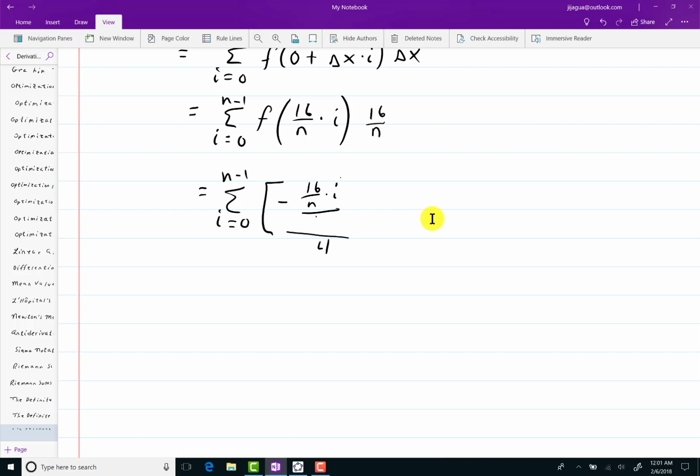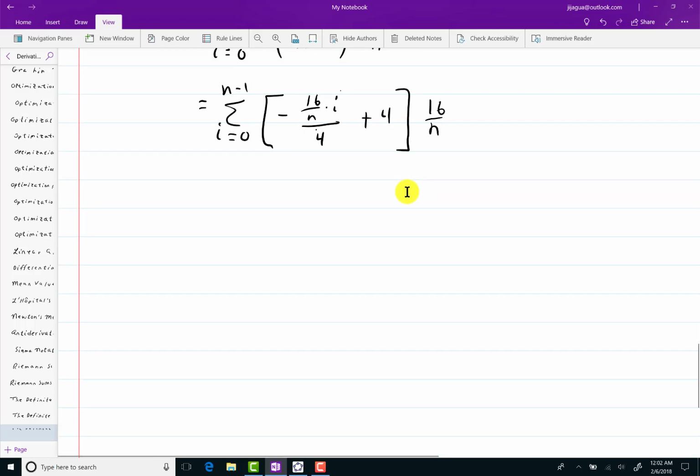I think I put too much stuff in there. Let me go ahead and multiply it all out and fix this thing up while I'm there. I can cancel, for instance, make that into a 4, and this will turn into negative 4i over n. I like to strip out this stuff so that when I factor it out of the problem, I'll be able to use the formula for i.